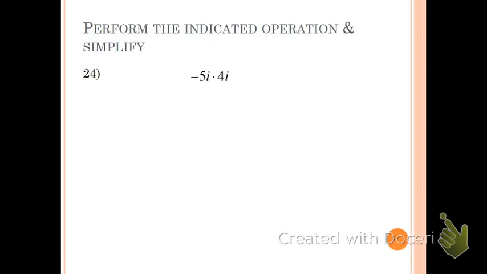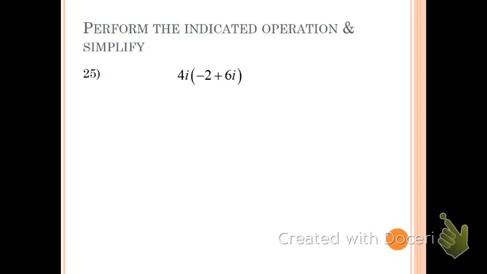Okay, we'll skip that one. Okay, look at this one. Be smart. That becomes negative 20 i squared, but wait a minute, what's i squared? Negative 1, so negative 1 times negative 20 gives me positive 20. Okay, that's easy, right? Let's keep it going. Here, you just distribute.